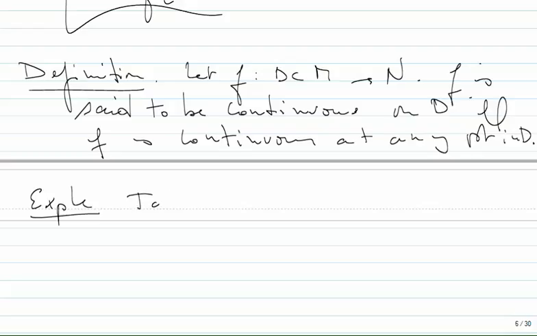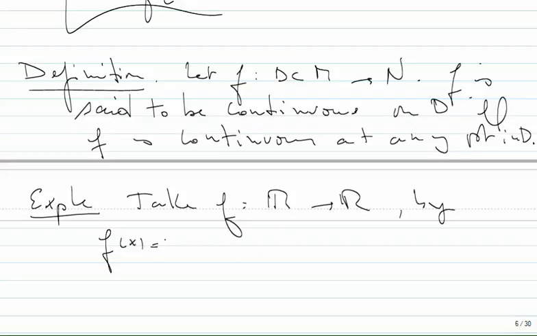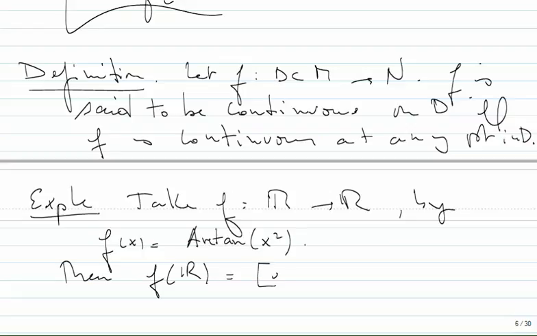Take f defined from R into R by f of x equals arctangent of x squared. Then f of R is (0, pi over 2).